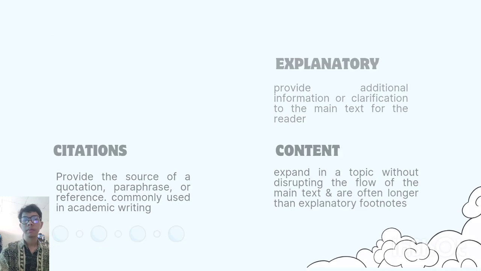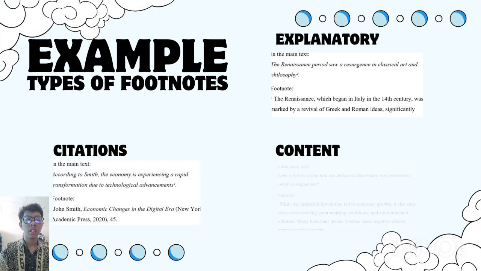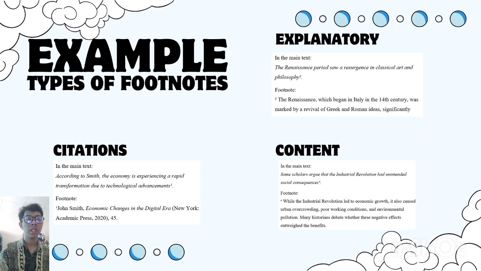Okay, next. These are the examples. First, the examples of citations. As you can see on the text, John Smith, Economic Change in Digital Era, New York Academic Press 2020, and page 45.